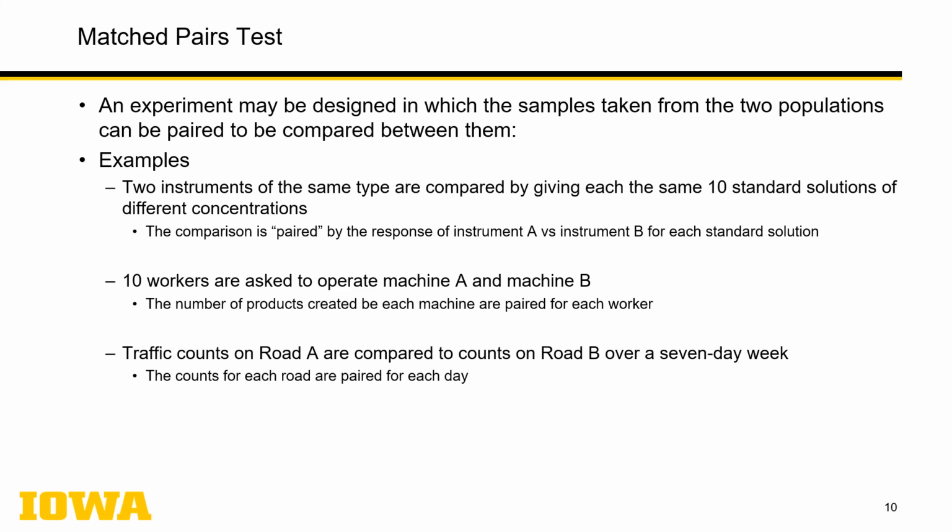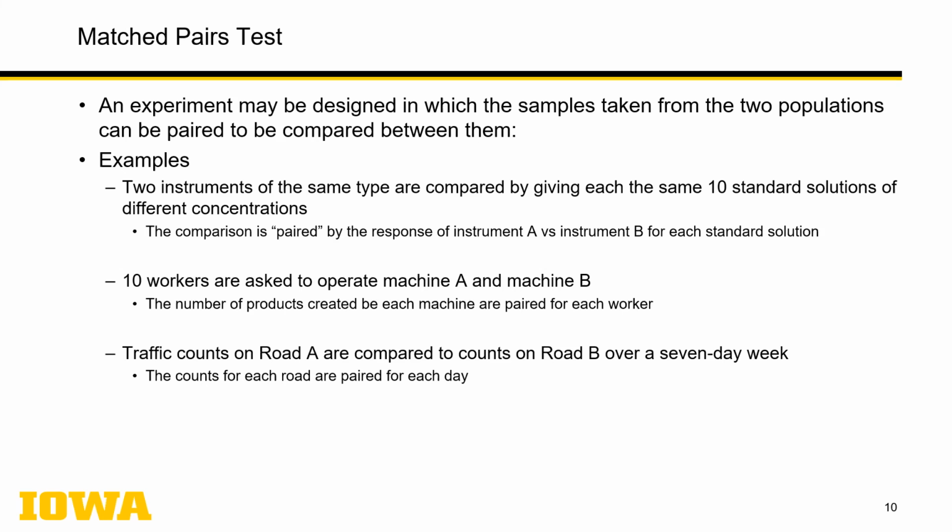One more: traffic counts on road A are compared to counts on road B over a 7-day week. We know that the traffic differs by day. Mondays and Fridays are always a lot busier than Tuesdays, Wednesdays, Thursdays. And it's hard to randomly assign by day to the roads.